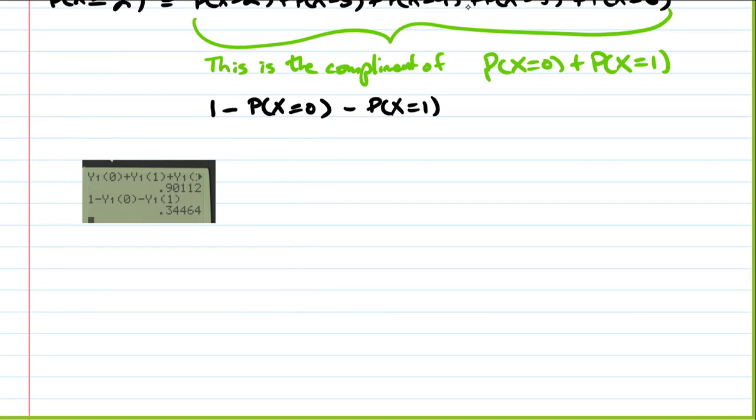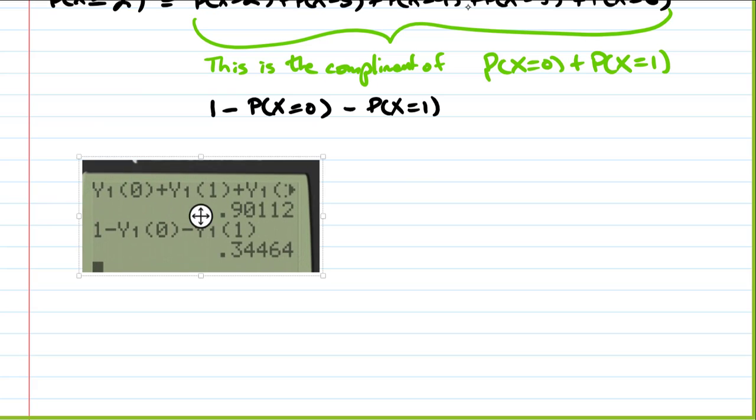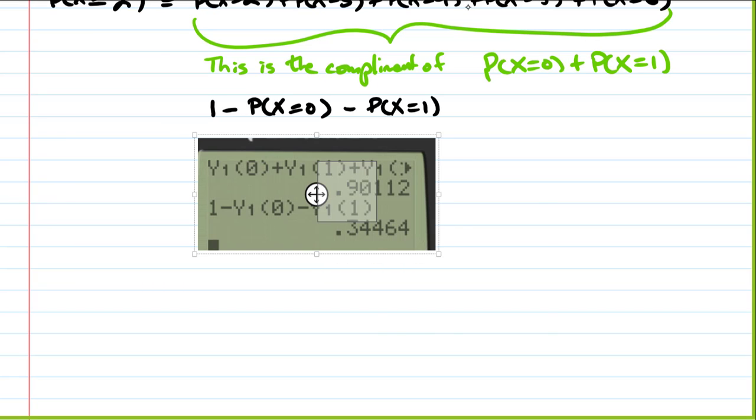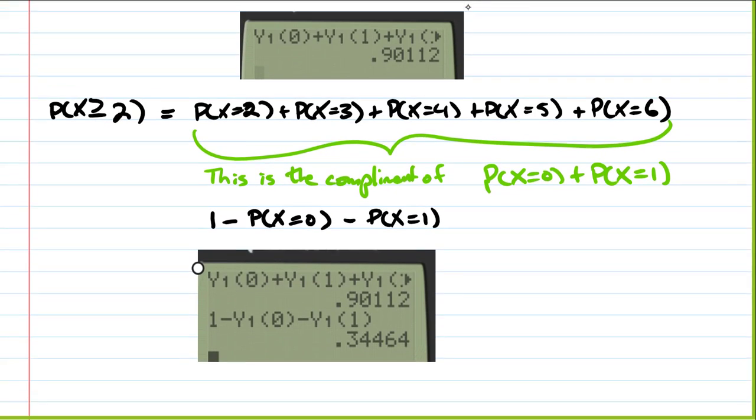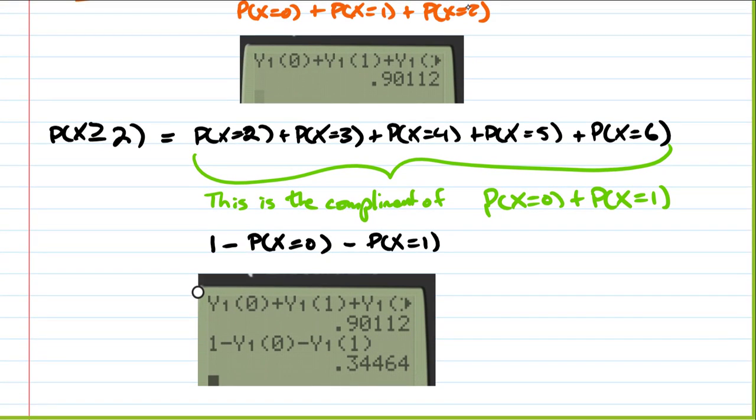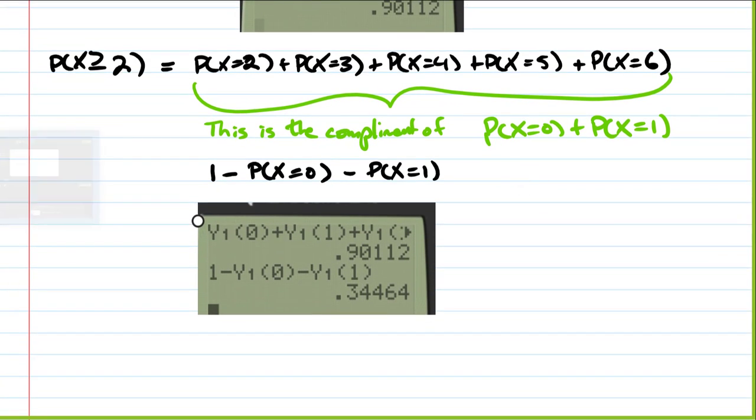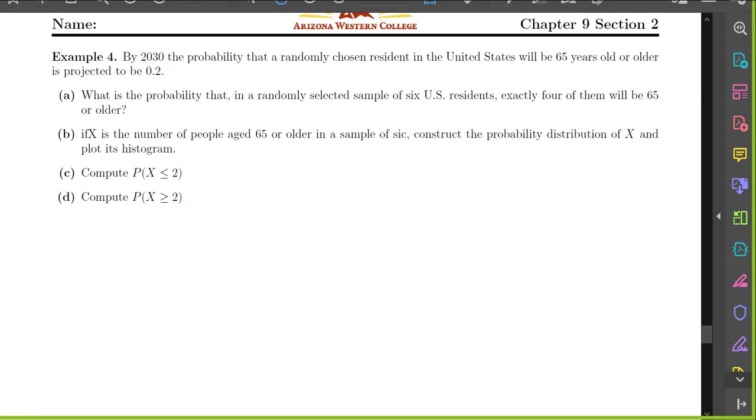So it's not wrong, it's just you can type less if you use the complement. If you did it and added them all up, you'll get the same thing. It's just you'll type more. That's the only difference. Because remember, complements just give you a different method to calculate the same thing. It'll never, if done properly, give you a different number.